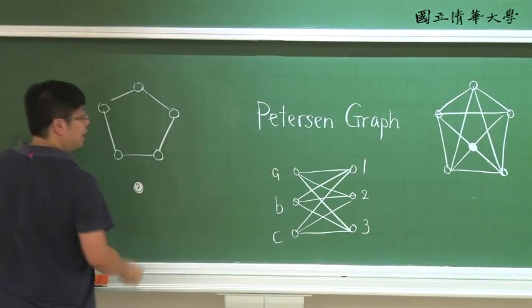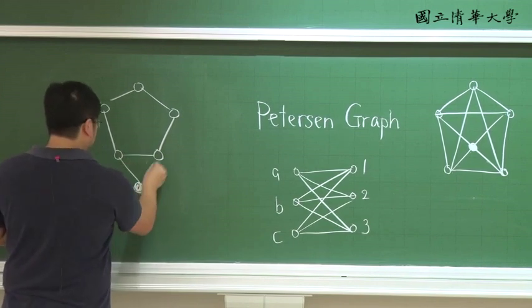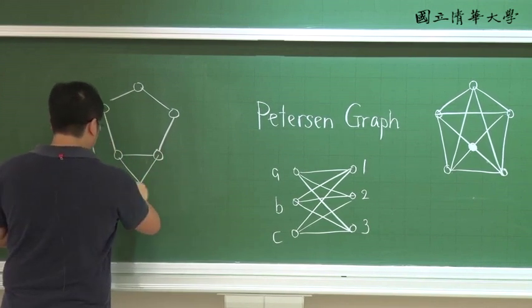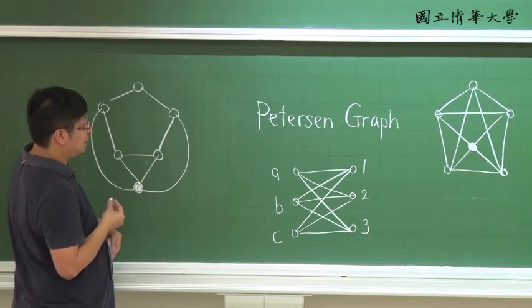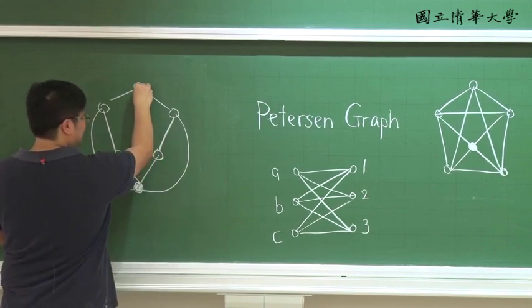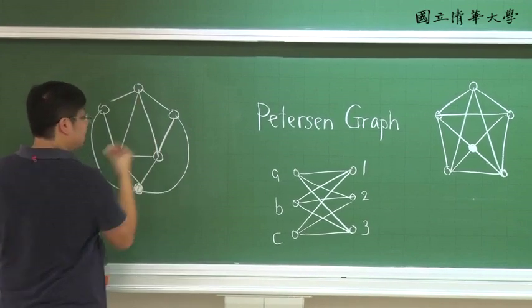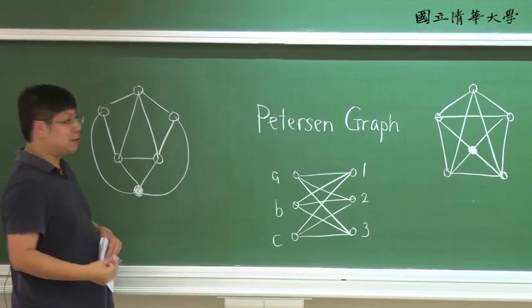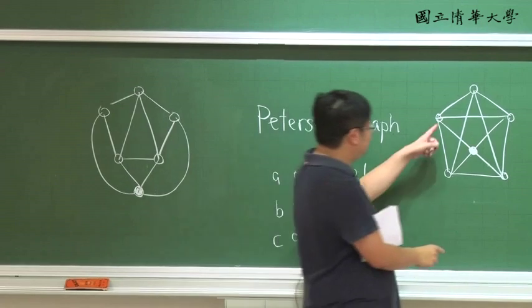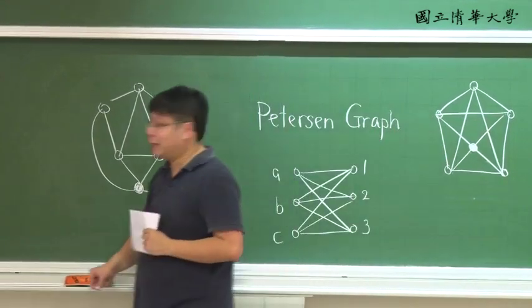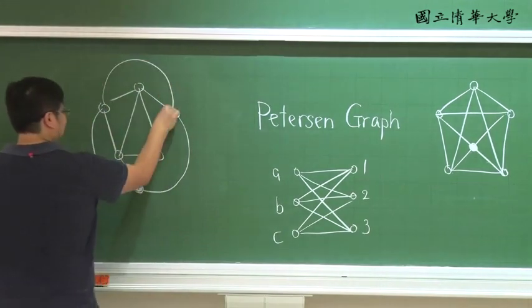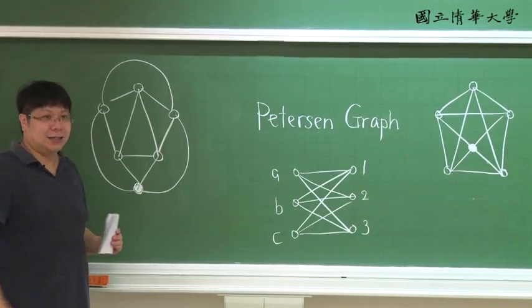So this is actually joining this one to this one, this one to this one, this one to this one, and this one to this one. Is that okay? And what else? We should need this edge and this edge. And what else? We just need to draw this edge. If we can draw this edge without crossing any other edges, then it's okay. So this is it. Is that okay?